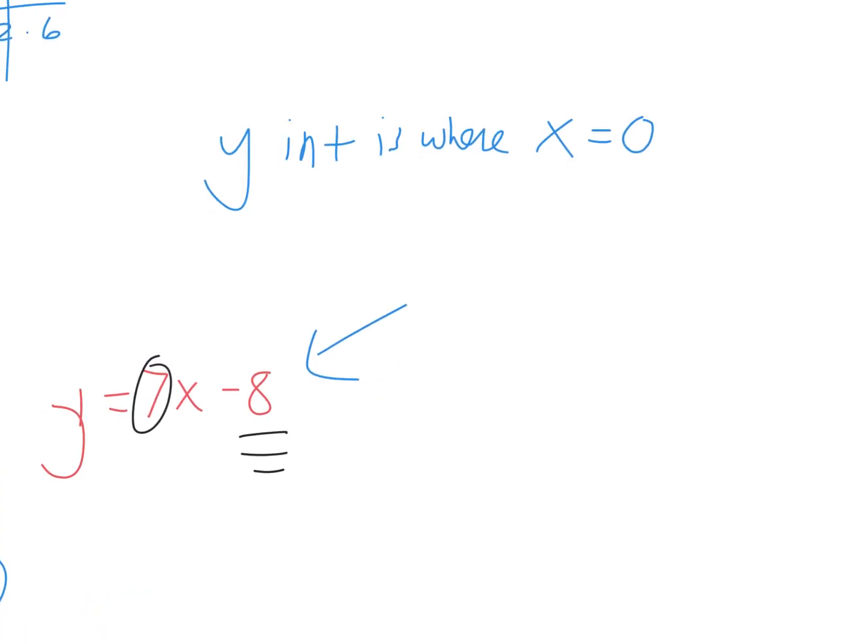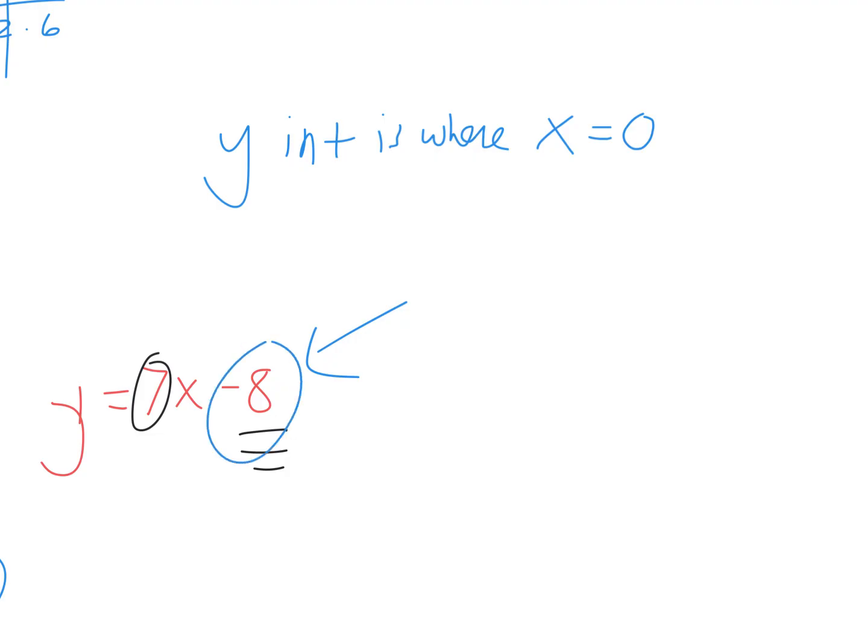Now on this kind of an equation, that is the y-intercept, but it's only because when you put in x equals 0, it knocks out the 7, and y equals -8. So I'm going to say it again. The y-intercept is where x equals 0. One last time. The y-intercept is where x equals 0.